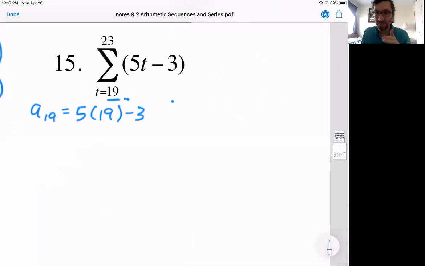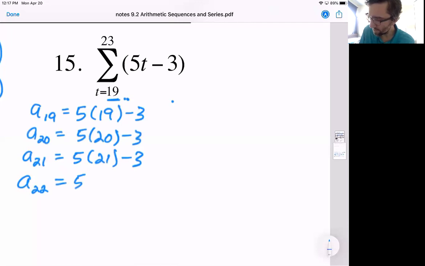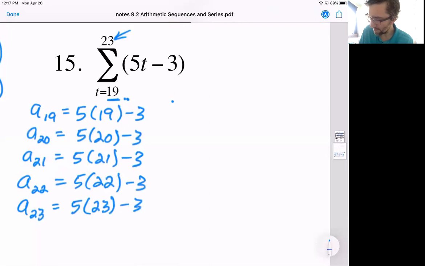And there's not too many terms, so let's just write out the other ones. 5 times 20 minus 3. 5 times 21 minus 3. 5 times 22 minus 3. And finally, the last term, the upper term here, is 5 times 23 minus 3.